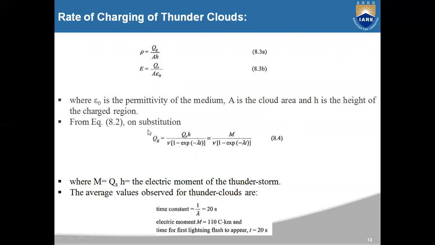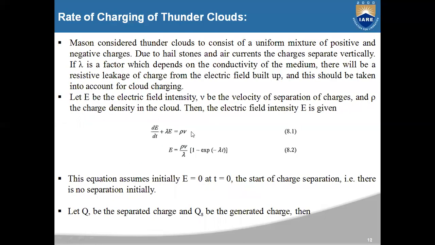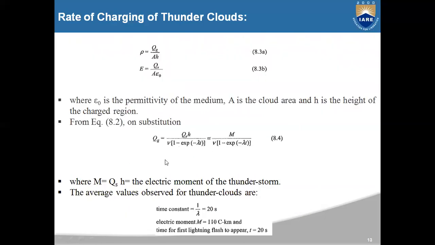So upon substitution of equation 8.2, we get, from 8.3, E equals Qg H by v into 1 minus exponential of minus lambda t, which equals M by v into 1 minus exponential of minus lambda t, where M equals Qg H, the electric moment of the thunderstorm.